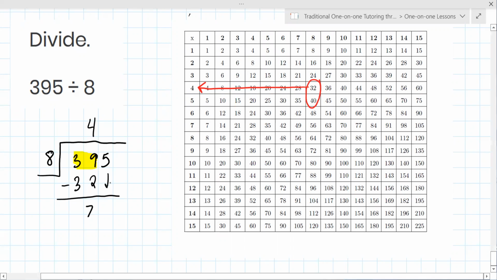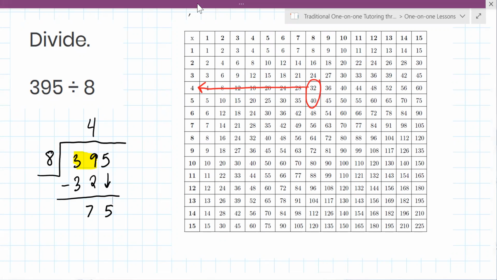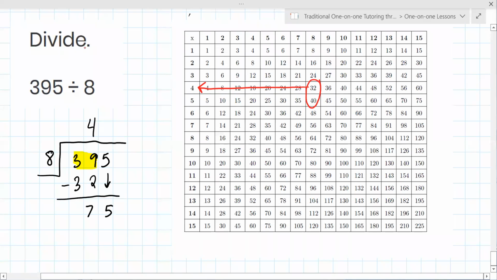Okay, bring down the 5. Now you need to locate 75 on this 8 column, or figure out what two numbers it's between. 9 and 10. So it's right there. Which one do you choose, 9 or 10? 9. So put a 9 there.